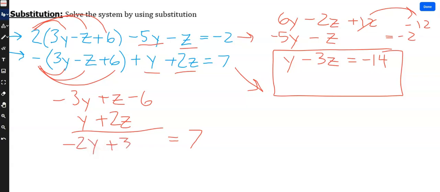This would be positive 3z. And oh look, that gets moved to the other side, adding 6. So we have -2y plus 3z equals 13. Okay. That was kind of brutal.